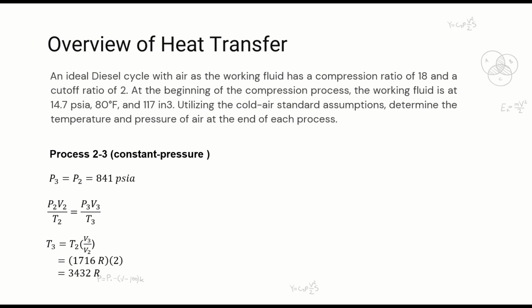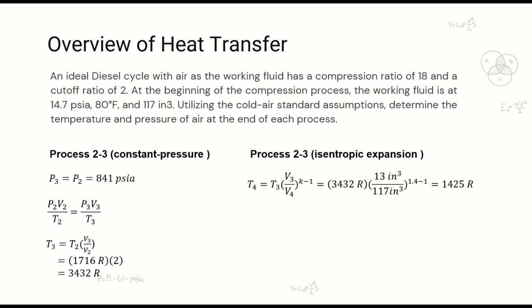So let us now proceed in solving process 3 to 4, isentropic expansion. Let us first solve for T4. T4 equals T sub 3 multiplied by V sub 3 over V sub 4 raised to k minus 1.